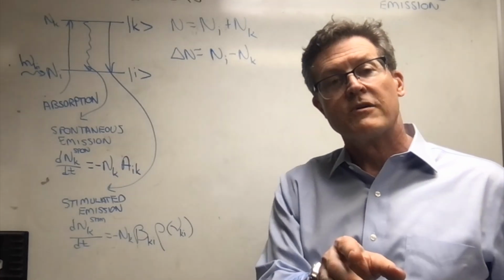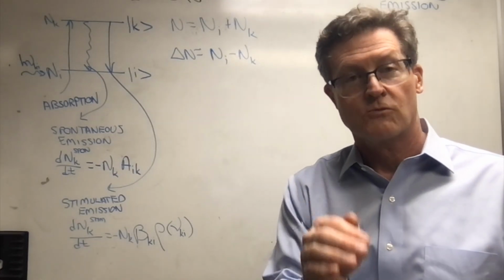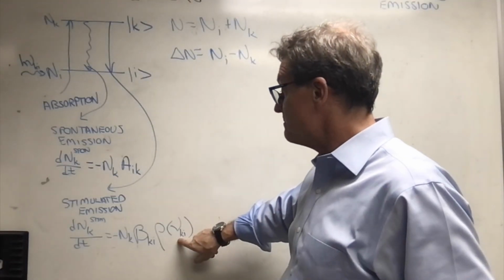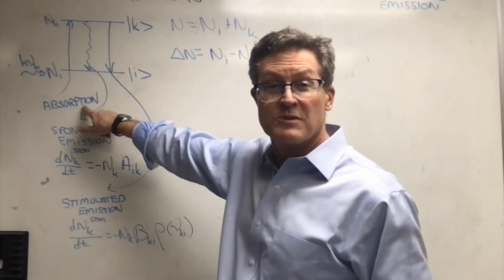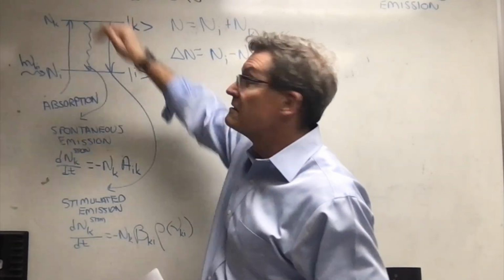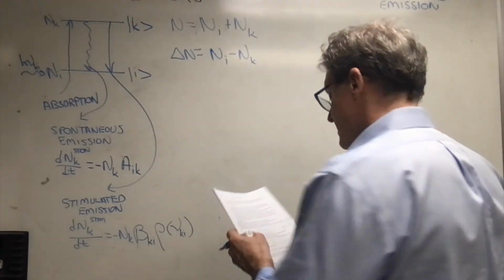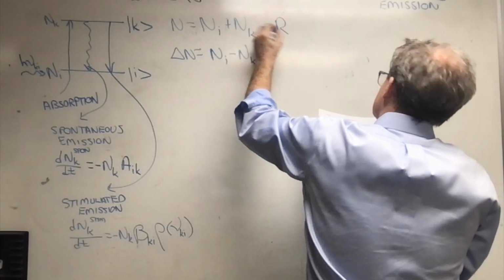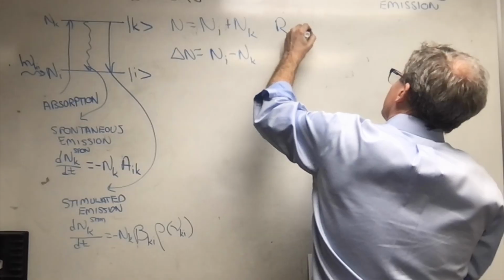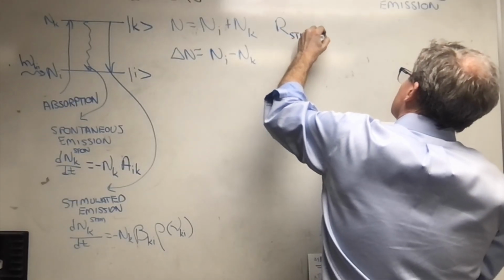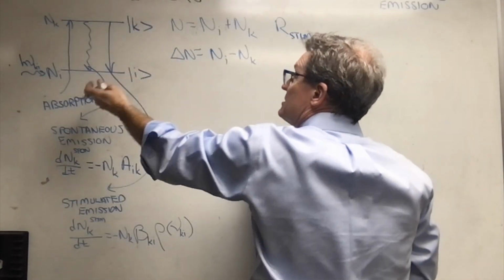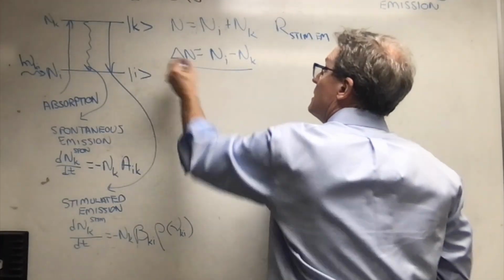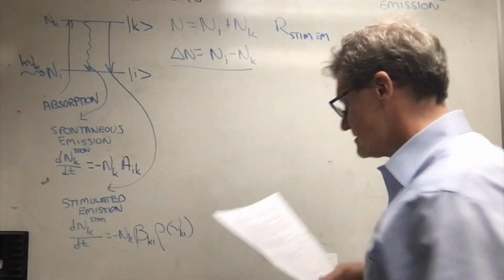But what we're worried about is the net rate of stimulated emission, because when we apply power density, we'll also get more absorption. Things are going to go up as well as come down. So now we have to look at the net rate of stimulated emission, because we drive population down and we drive population up. Actually, the net rate depends on the population difference.